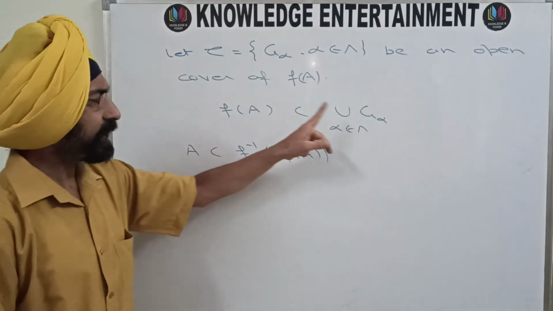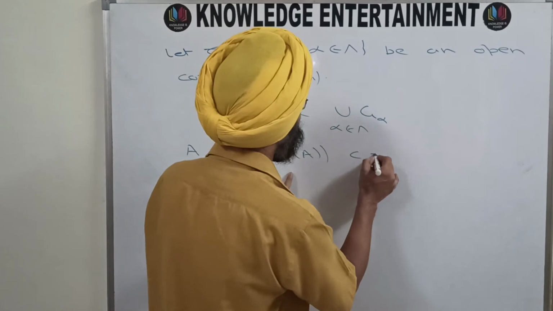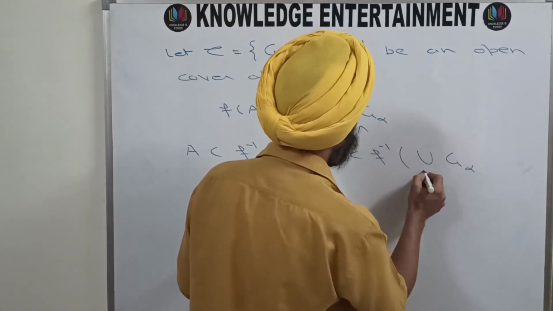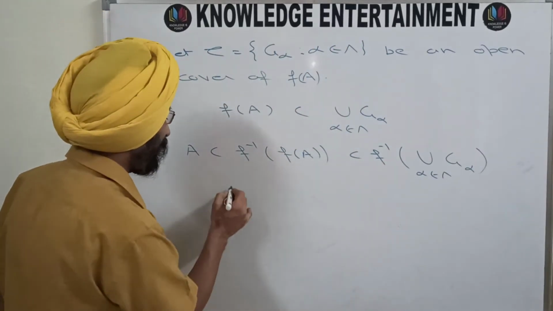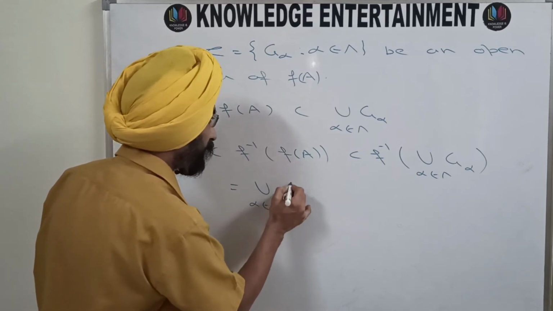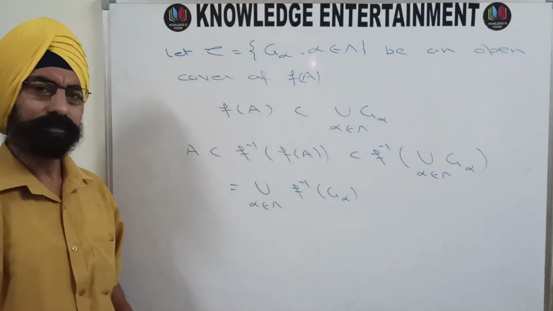And since FA is a subset of this union, F inverse of FA will be a subset of F inverse of union of G alpha, alpha belonging to lambda, and you can write it also as union, alpha belonging to lambda, F inverse G alpha.